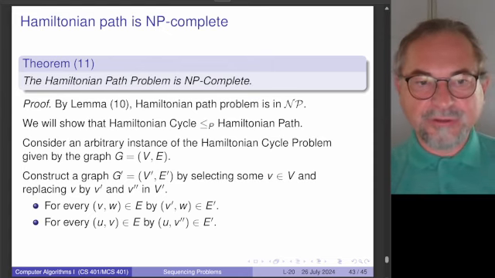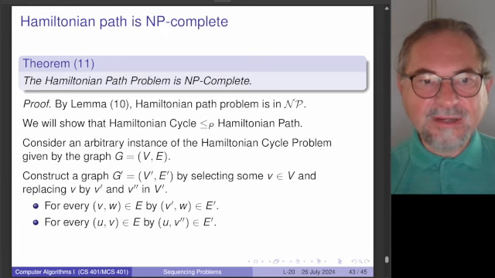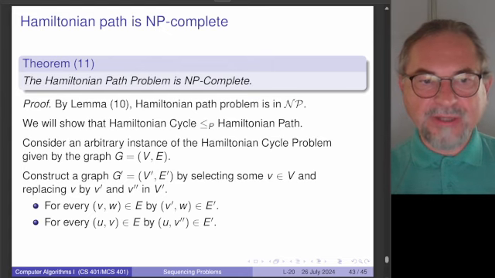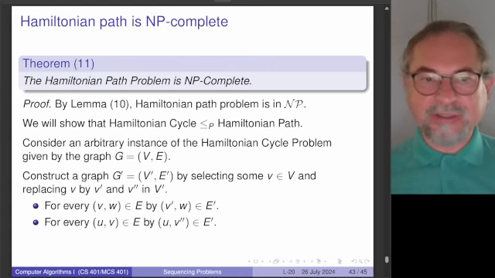replacing the vertices by two. So if there is an edge, we will replace the vertex v by v prime, and there will be a v double prime, so we will actually replace every edge by that new vertex v double prime.